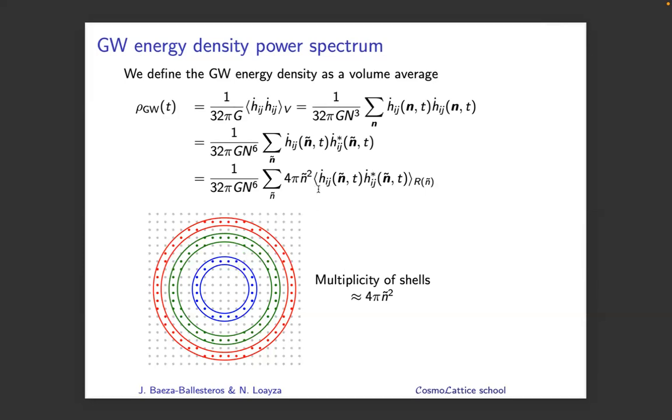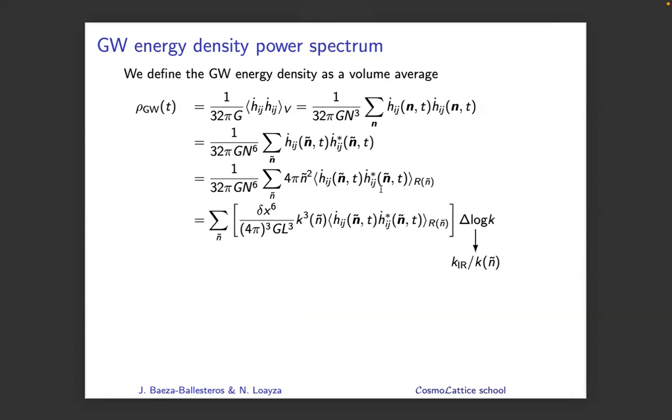An educated guess, let's say, will be a number equal to this, which is basically the surface of that circle, of that sphere. This is an approximation, actually, because I am guessing how many points will be between these two spheres. But this is not the real number of points that are there. I am guessing the multiplicity of each shell.